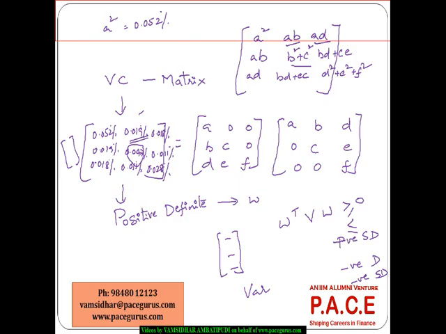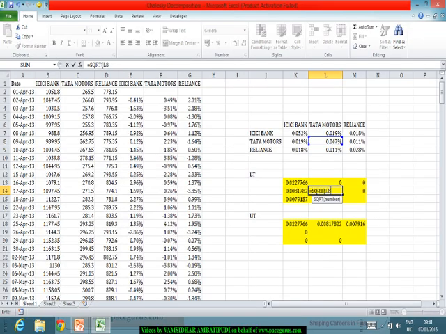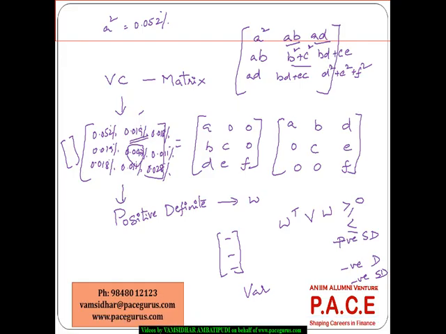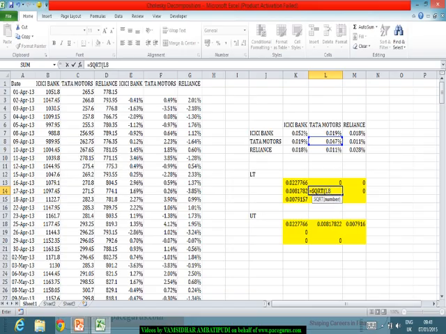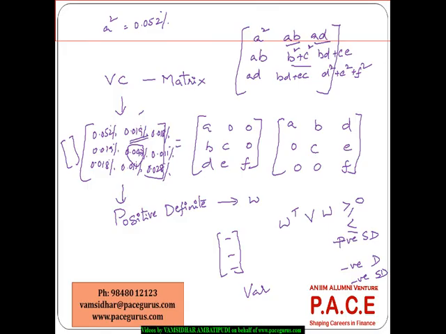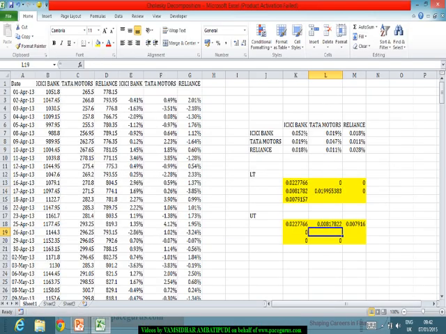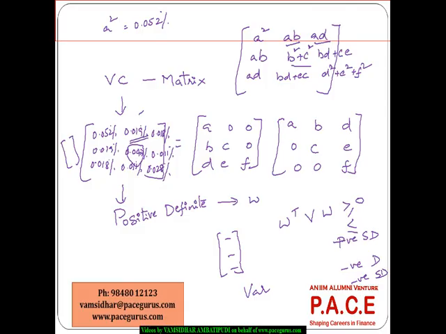I subtract B squared from it, and I take the square root of it. So this is going to be my C, and here also I am going to refer to the same C. So here C is known.